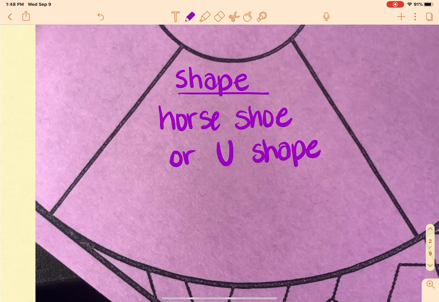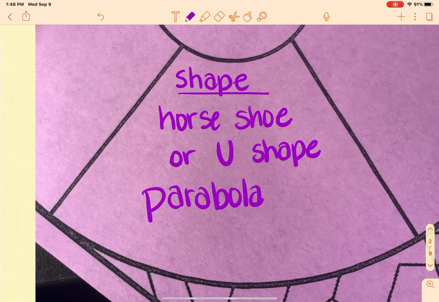A lot of people tend to call this shape a parabola. That's usually the vocabulary they use when they start to talk about it. So you might hear them talk about quadratic, or you might hear them talking about that parabola shape. Either one is okay.